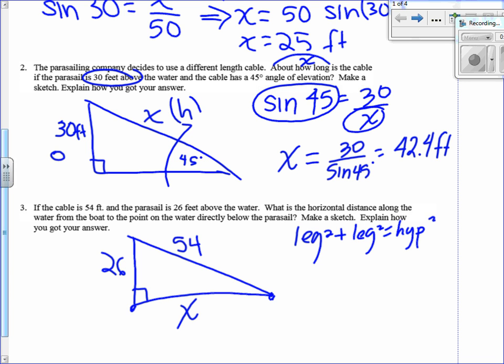Oh, so let's set it up. So 26 squared. Now, how do you do it? Everybody's good with that? Okay, so we're not doing opposite over adjacent. So 26 squared equals 676.